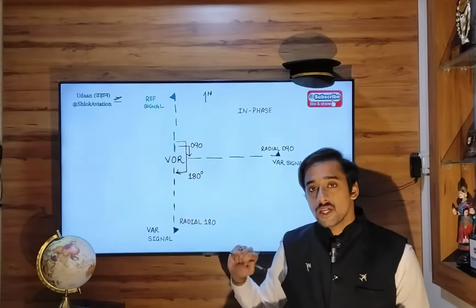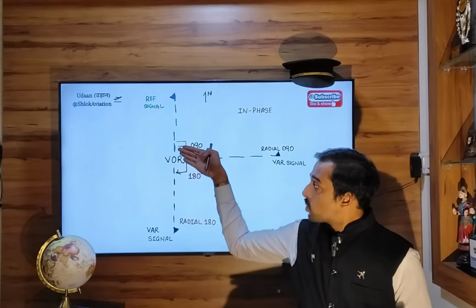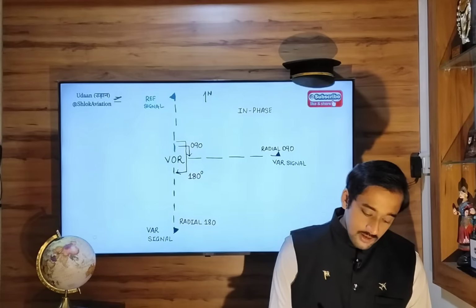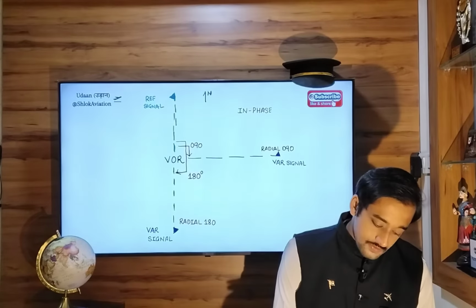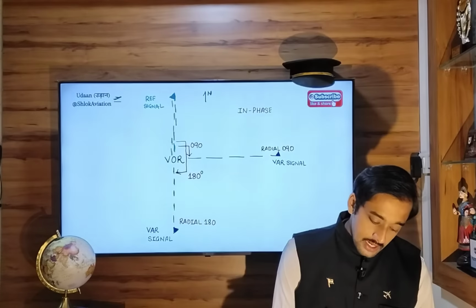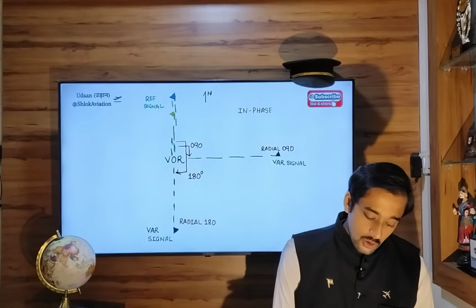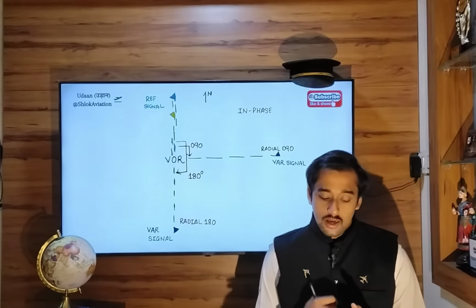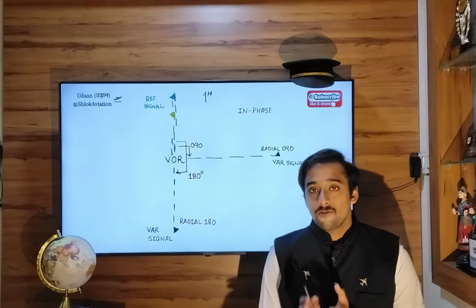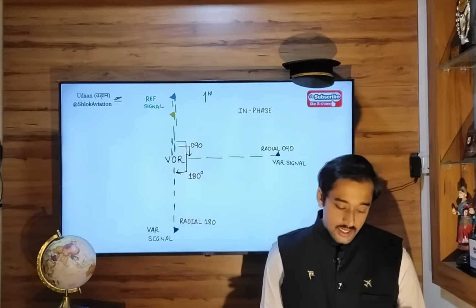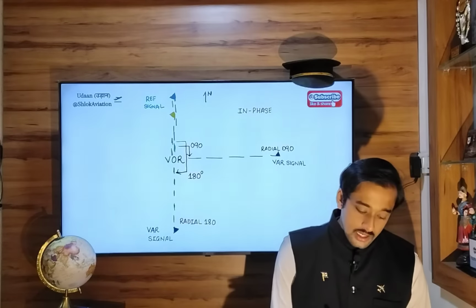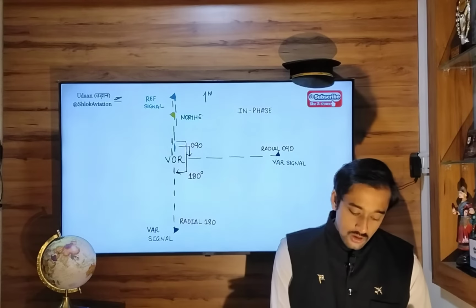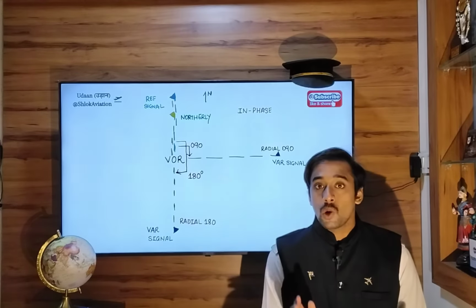And during the course of change, at some point of time it will coincide with this reference signal. Both will coincide. So this phenomenon is called in phase, and this will happen in only one direction, that is the northerly direction, 360 or 000.